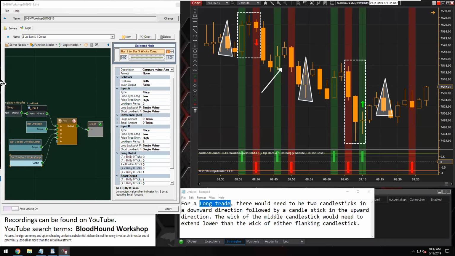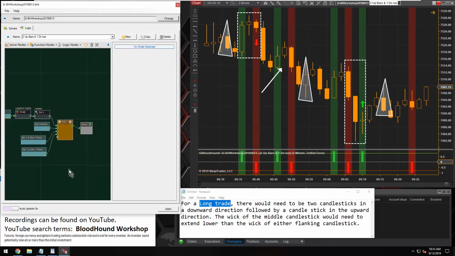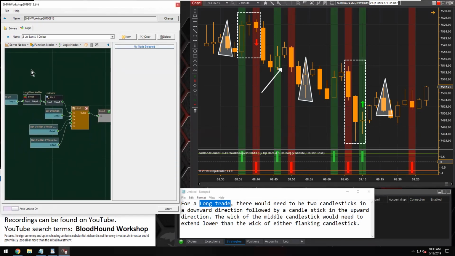And then also, Daniel would like to incorporate a 60-minute time frame of the 14 EMA, as a higher time frame trend determination. All right, so let's throw that in here for good measure as well.